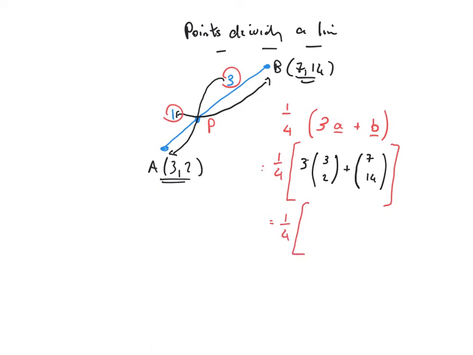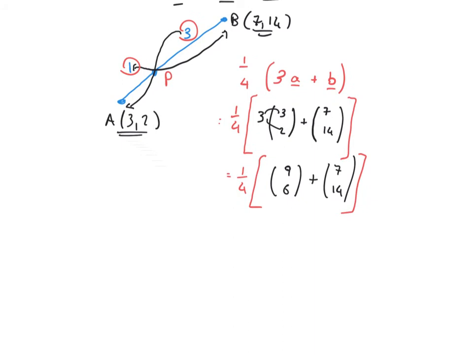So 3 lots of 3, 3 lots of 2, that's going to be (9, 6), plus (7, 14). Then that's a quarter of, 9 plus 7 is 16. At that point, I didn't really need that red bracket. 9 plus 7 is 16, 6 plus 14 is 20. So it's 1/4 of (16, 20), which is (4, 5).